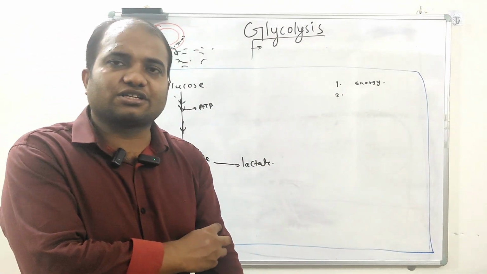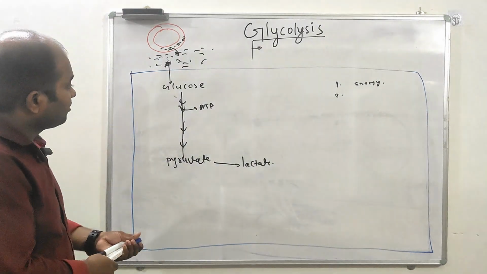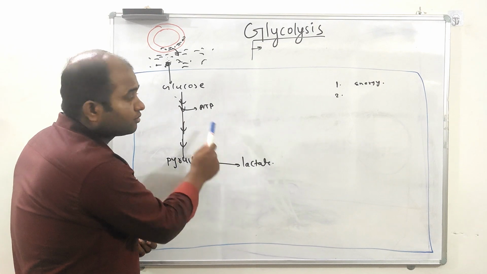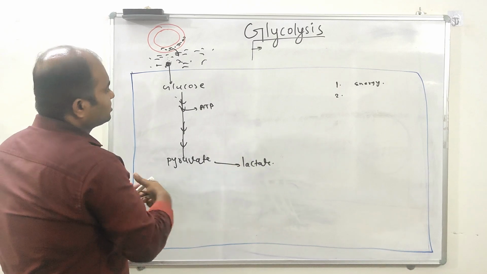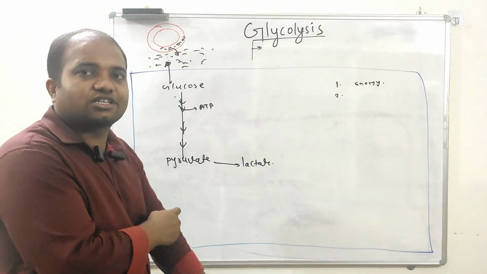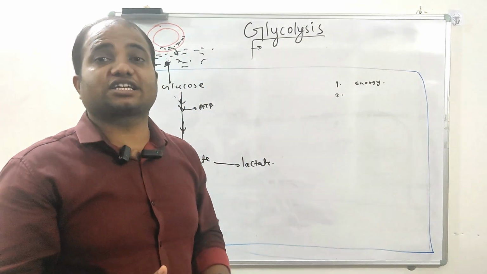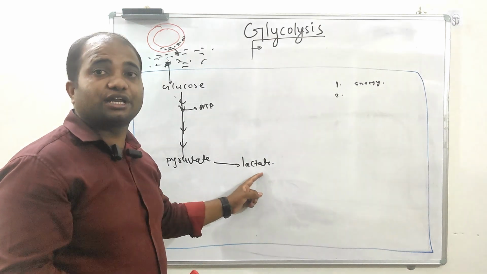During ischemia in skeletal muscles, glucose will be converted into lactate, and during these reactions ATP is produced and skeletal muscles can easily survive. So even in ischemic conditions skeletal muscles can survive because of anaerobic glycolysis.